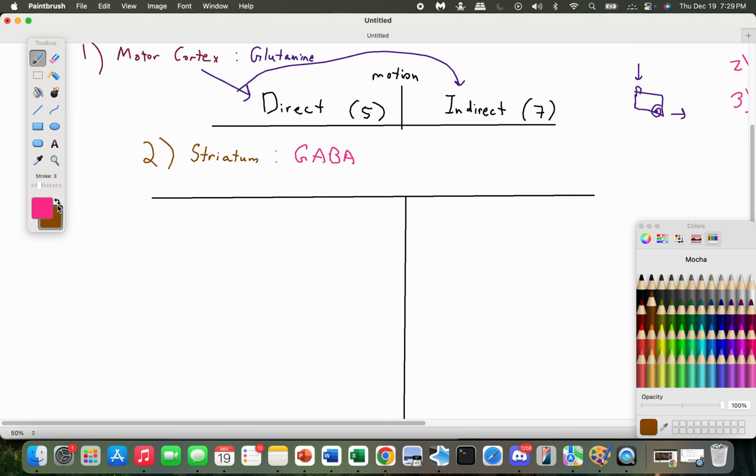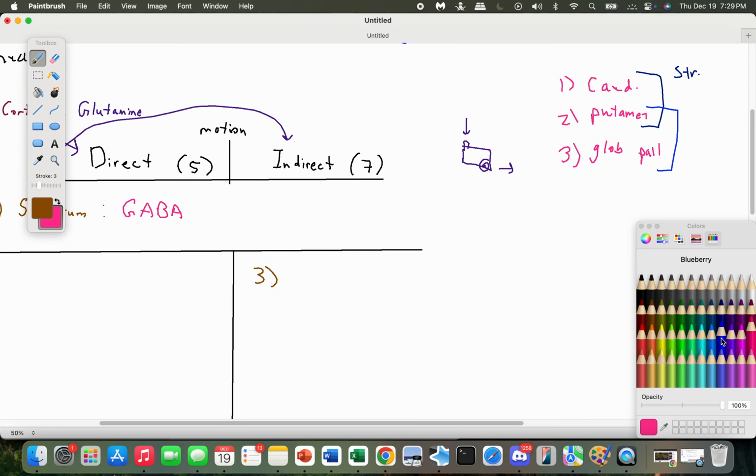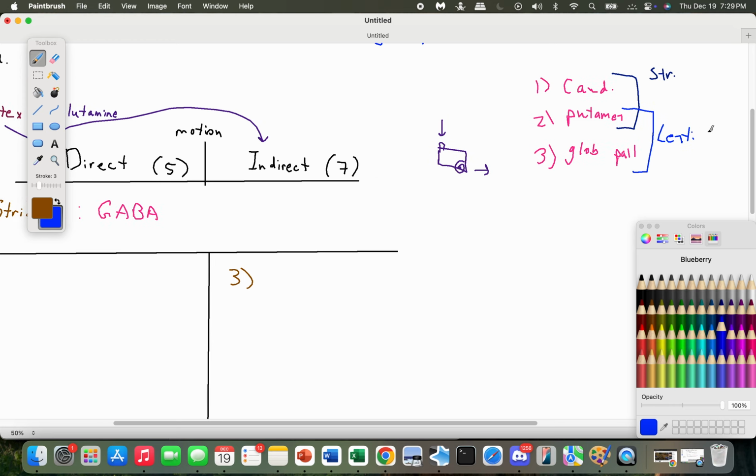If we're on the third step and we went through the striatum, right, and the striatum has caudate and putamen, then we need to go through the third step. So we're going to talk about putamen and globus pallidus. Well, the putamen and the globus pallidus, these two together are the lentiform nucleus, right? Lentiform nucleus.